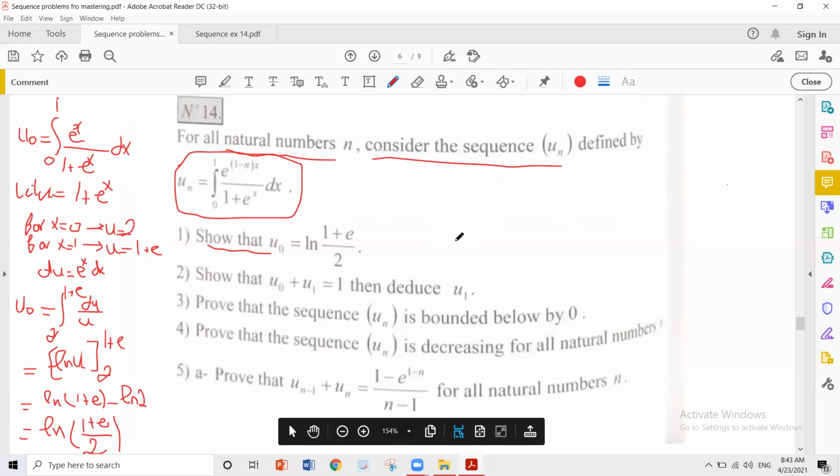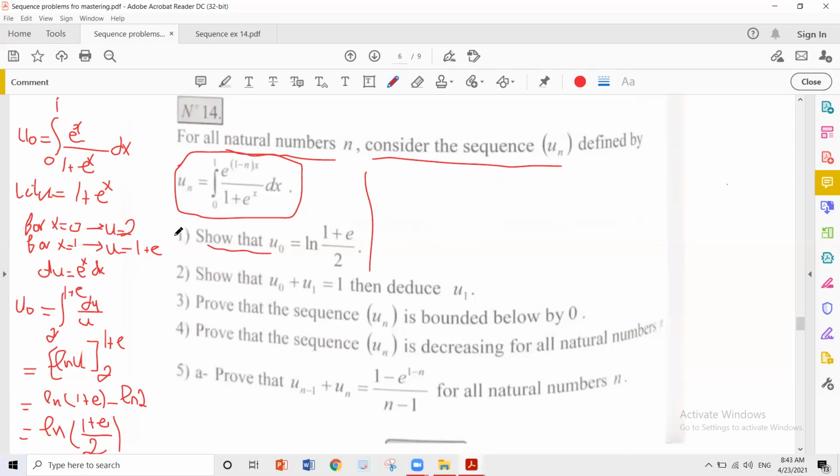Any questions about part 1, guys? No stress. Part 2, this is an integral, not a sequence.